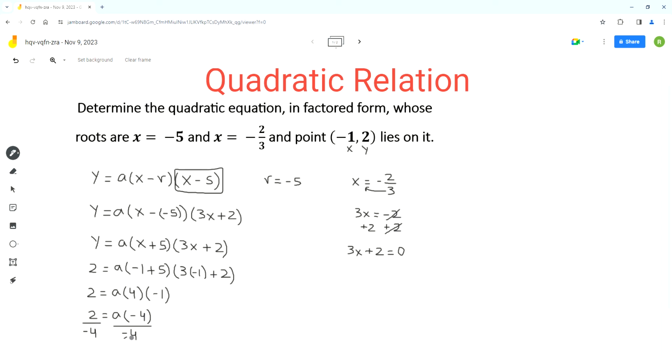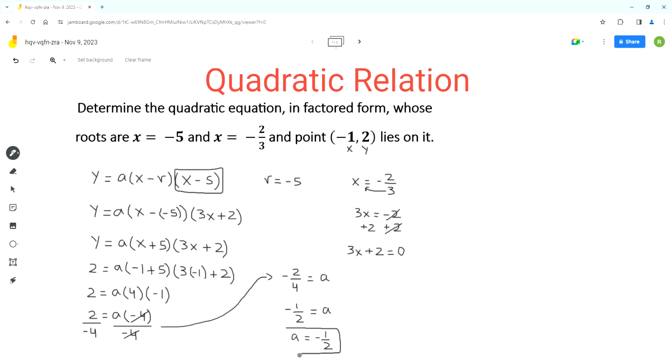So the -4's on the right side cancel each other out. So we get -2/4 equals a. And now we can simplify this fraction, so we can reduce it to -1/2. So that's the value of a, and we can also rewrite this as a equals -1/2.